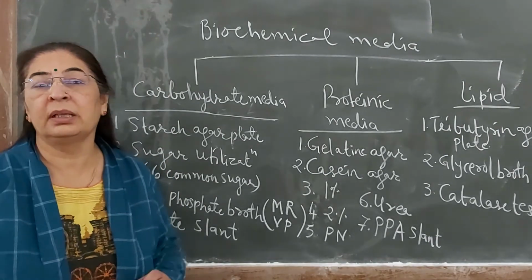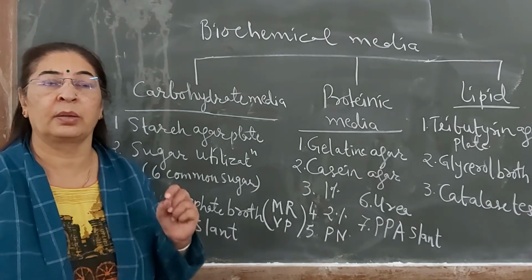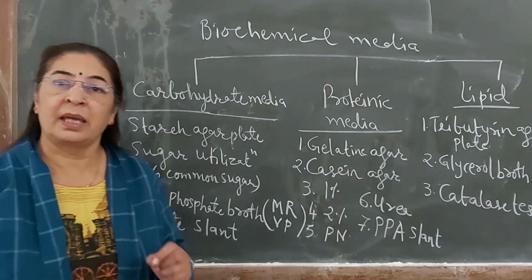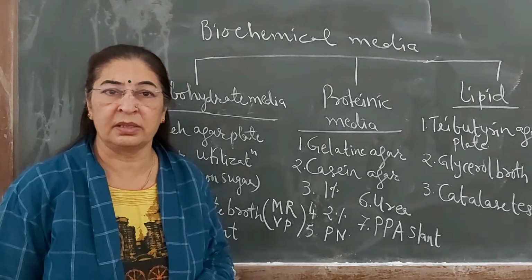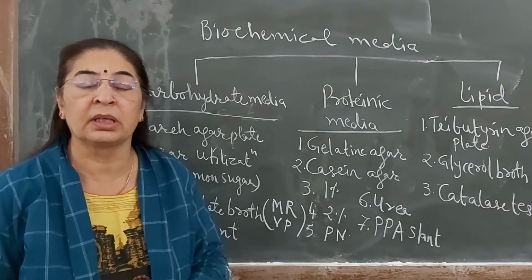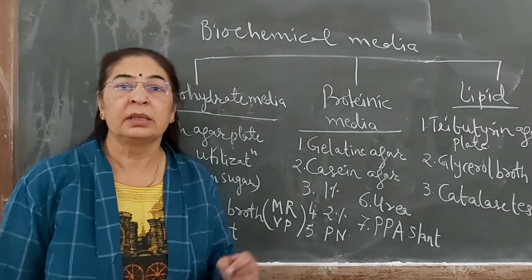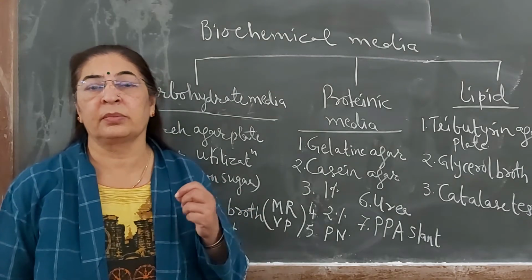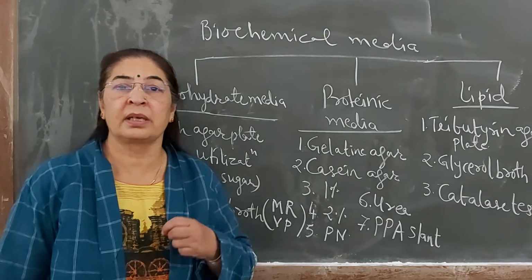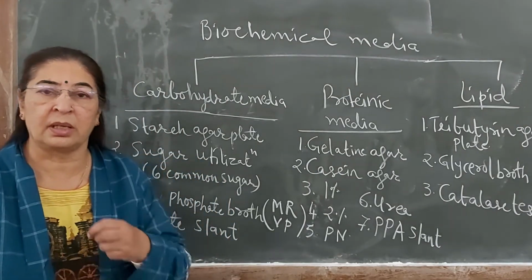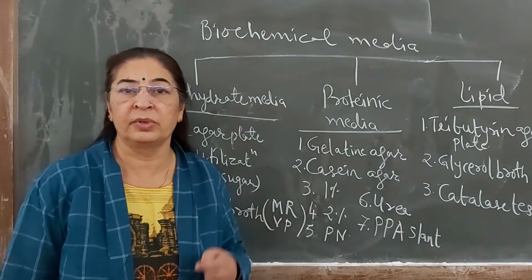Why do we want to identify any culture? We have already discussed that when we are performing any sample analysis on the basis of microbial analysis, we want to find out which organisms are present in this particular given sample. The sample may be soil, it may be water, it may be sewage. If certain incidences have occurred in the community, the sample may be from the food preparation, if it is the case of food poisoning.